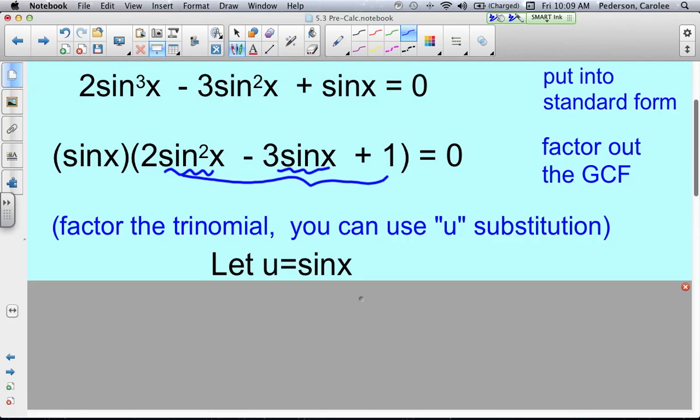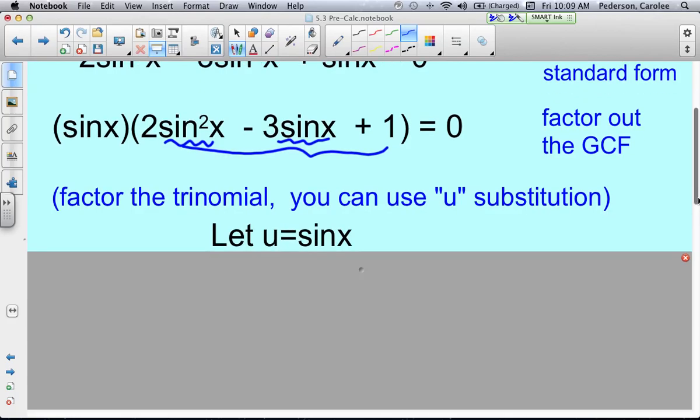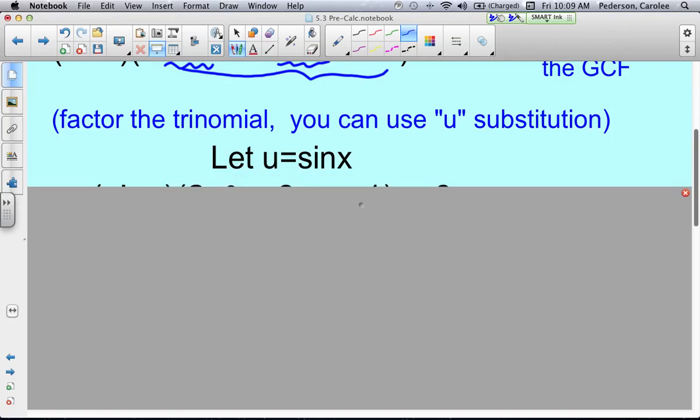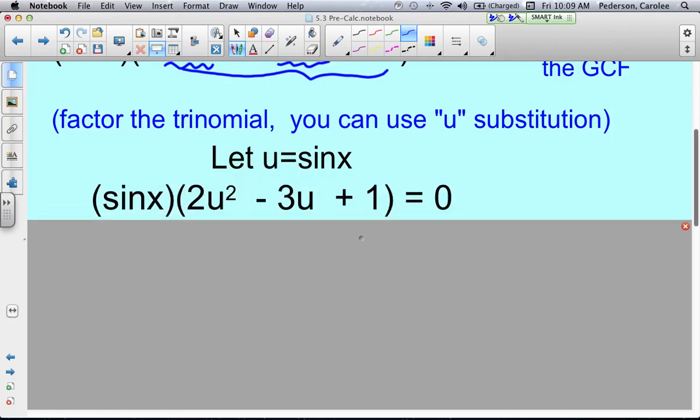So we're going to let u equal the sine of x. So it looks like this: 2u squared minus 3u plus 1 equals 0. Now you can do AC method or guess and check.